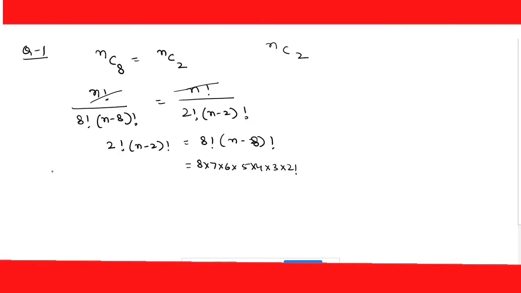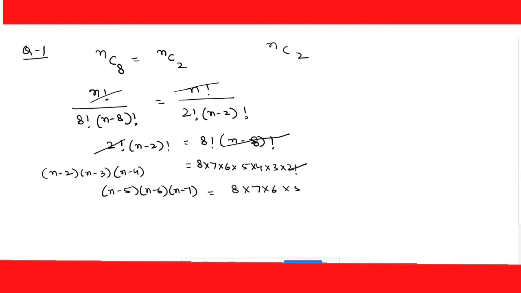So for n minus 2, then n minus 3, then n minus 4, n minus 5, n minus 6, n minus 7, then n minus 8 get cancelled. And here 2 factorial gets cancelled. So it is equal to 8 into 7 into 6 into 5 into 4 into 3.